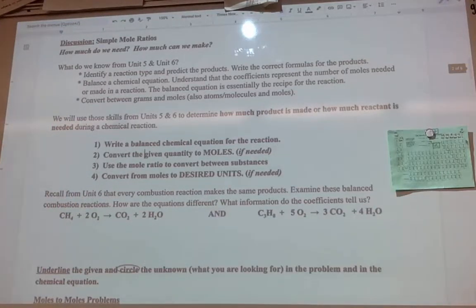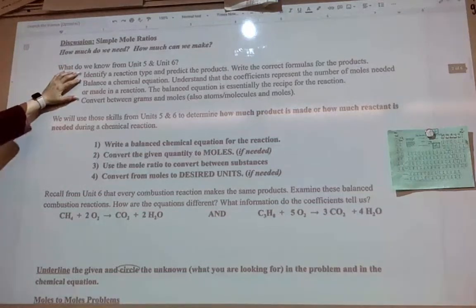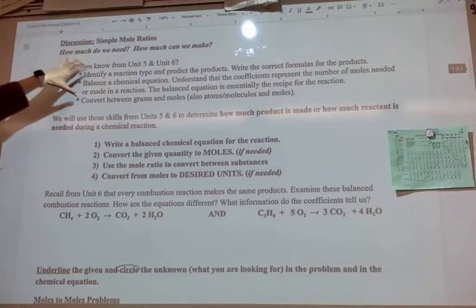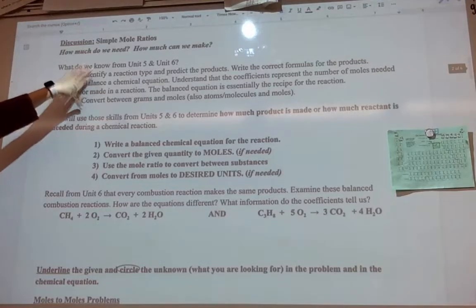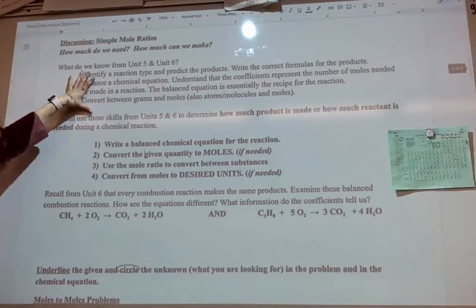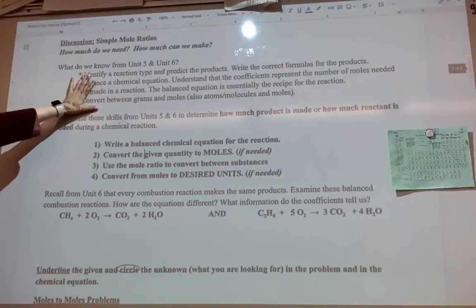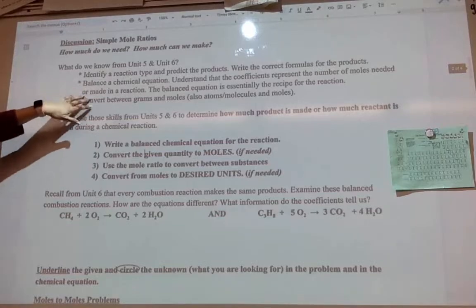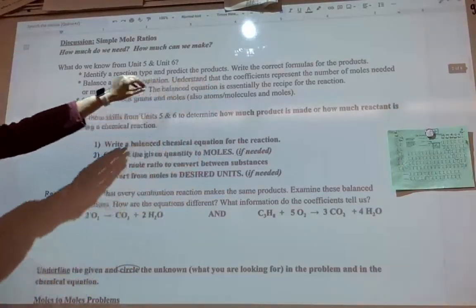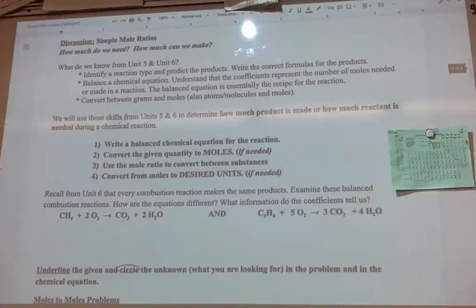And then we also looked at predicting products, writing formulas, balancing equations. We're going to take all of this information that we did in the last 2 units and apply it to stoichiometry. All right, everything continues to build. And so balancing equations is important because the coefficients give us the number of moles of everything.